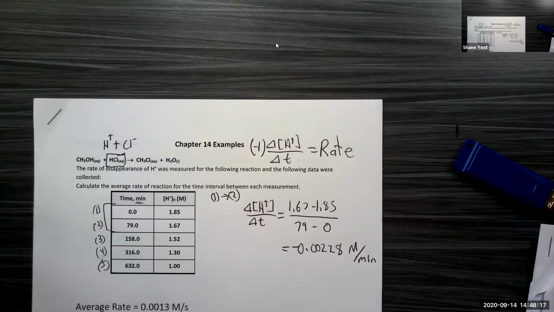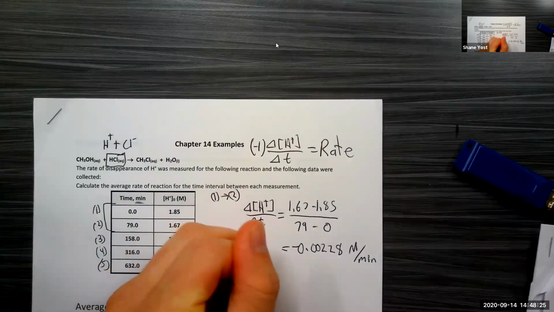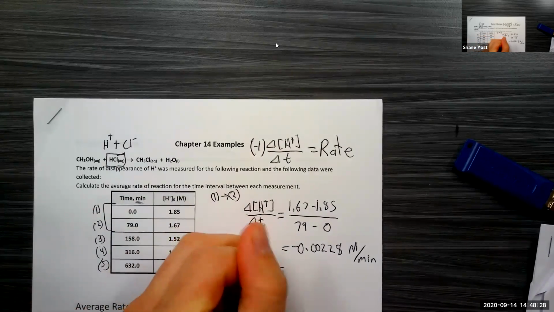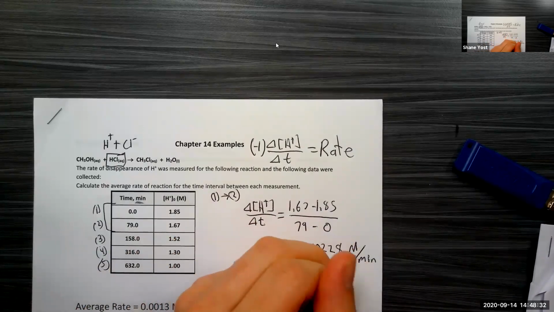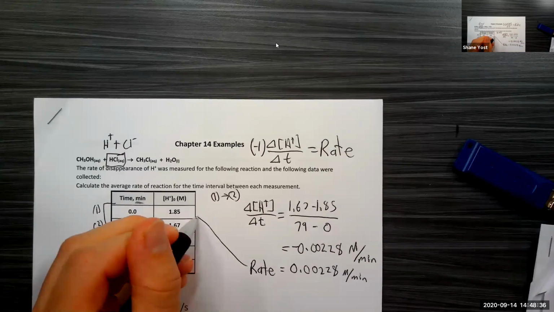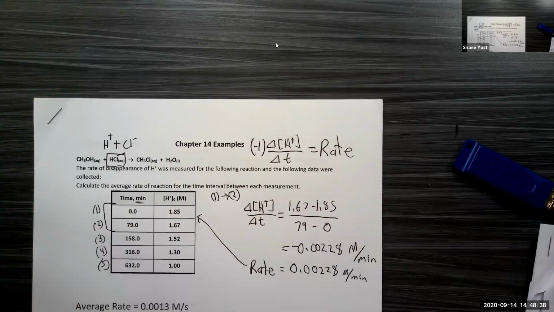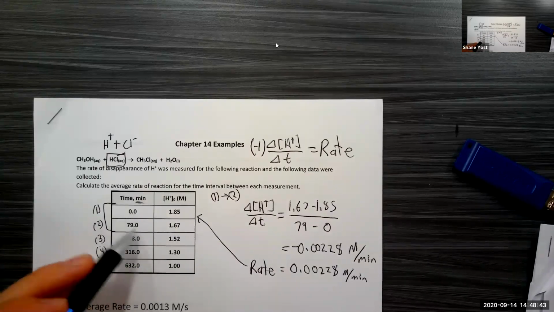So that is negative 0.00228, and the rate of the reaction for this time interval is just a positive 0.00228 molar per minute. That is the rate for the time interval between the first measurement and the second measurement.